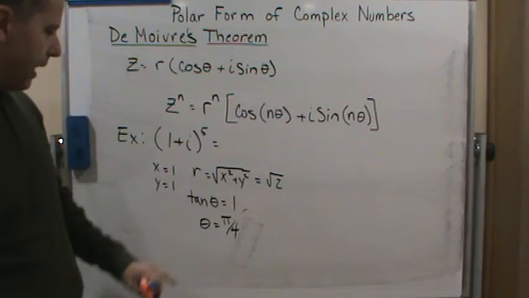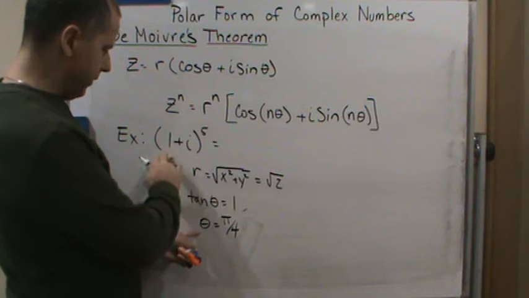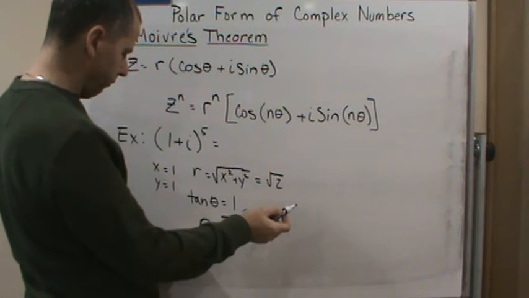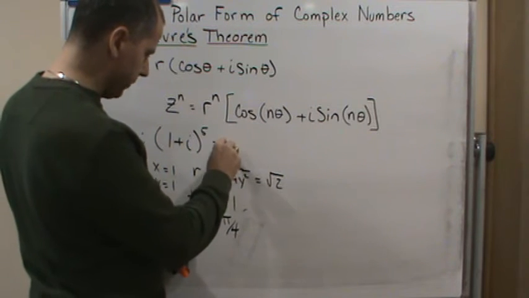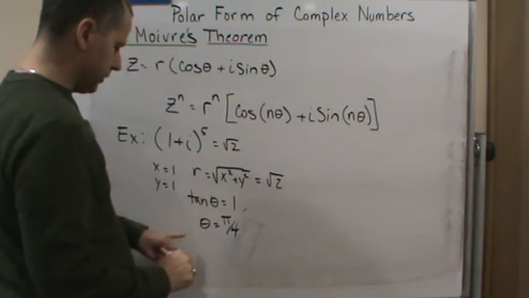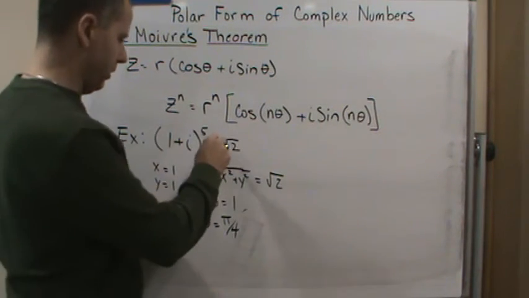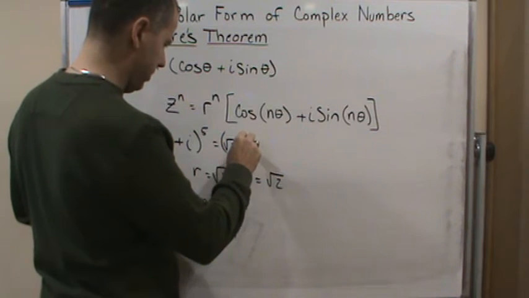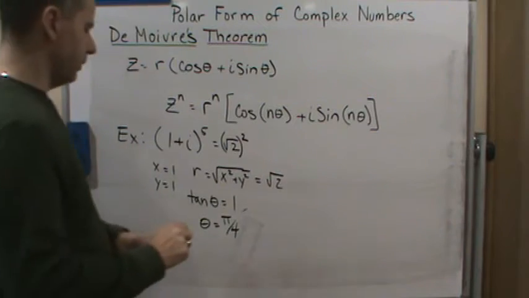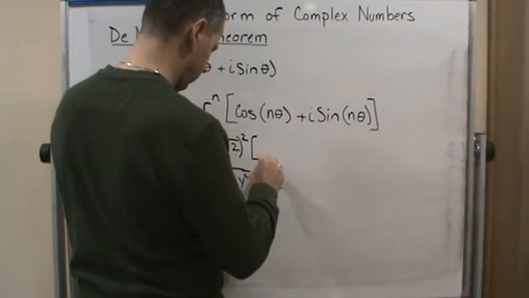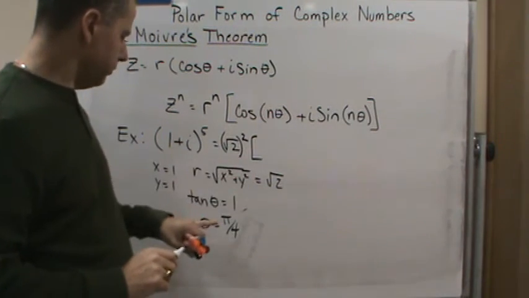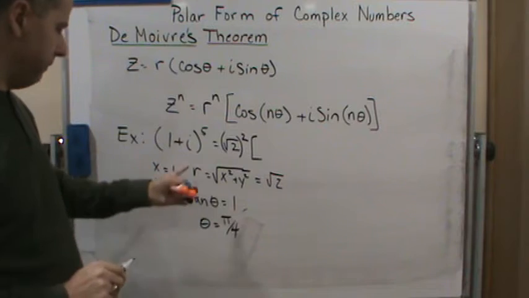So now we can rewrite this in polar form. r is the square root of 2, but it's going to be the square root of 2 to the 5th power. Then we multiply theta, which is pi over 4, by 5.